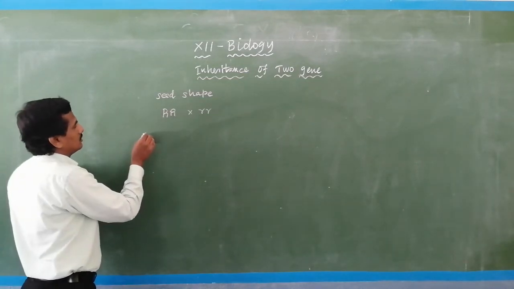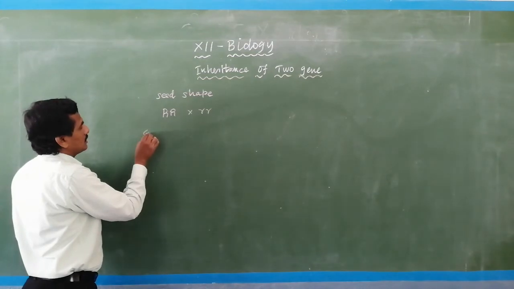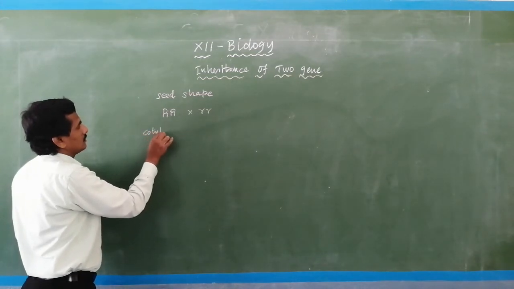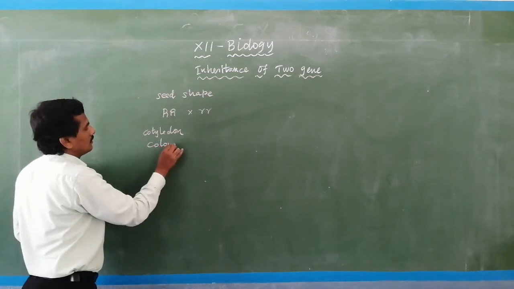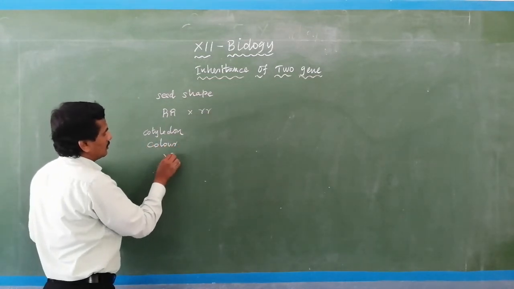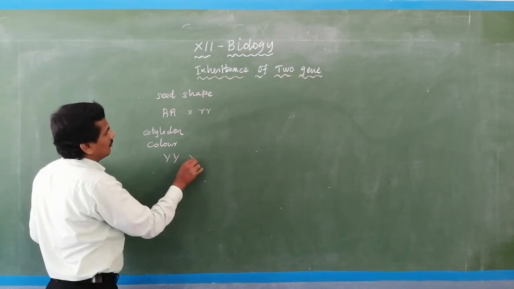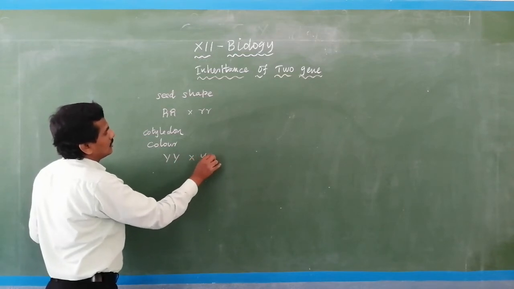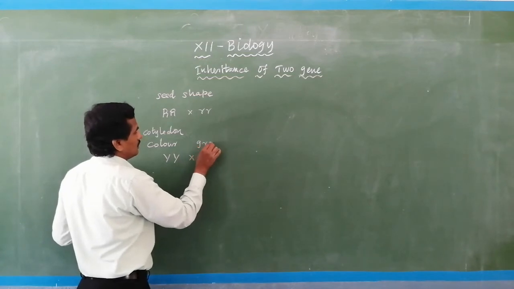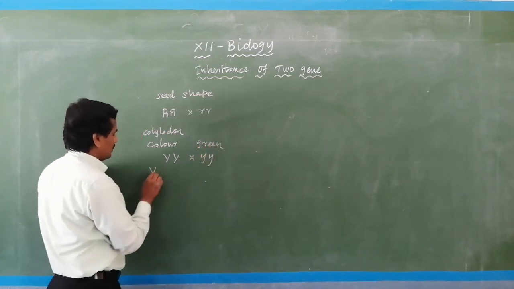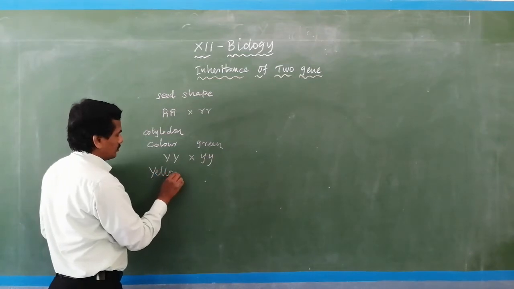Then cotyledon color, yellow is one version and green is one version.